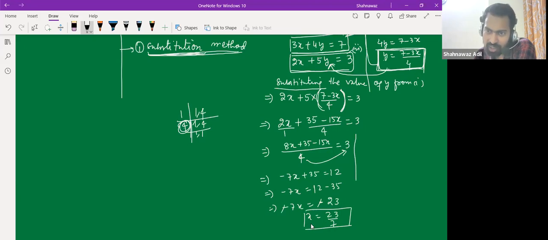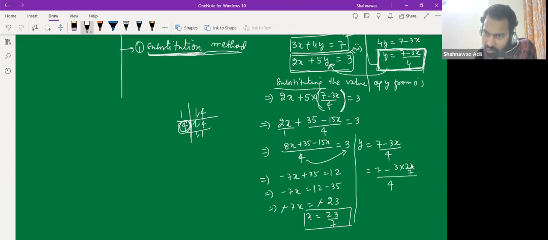And now I can calculate the value of y from this part that I calculated earlier. So y would be how much? 7 minus x by 4, which is 7 minus 3 into 23 by 7 divided by 4.